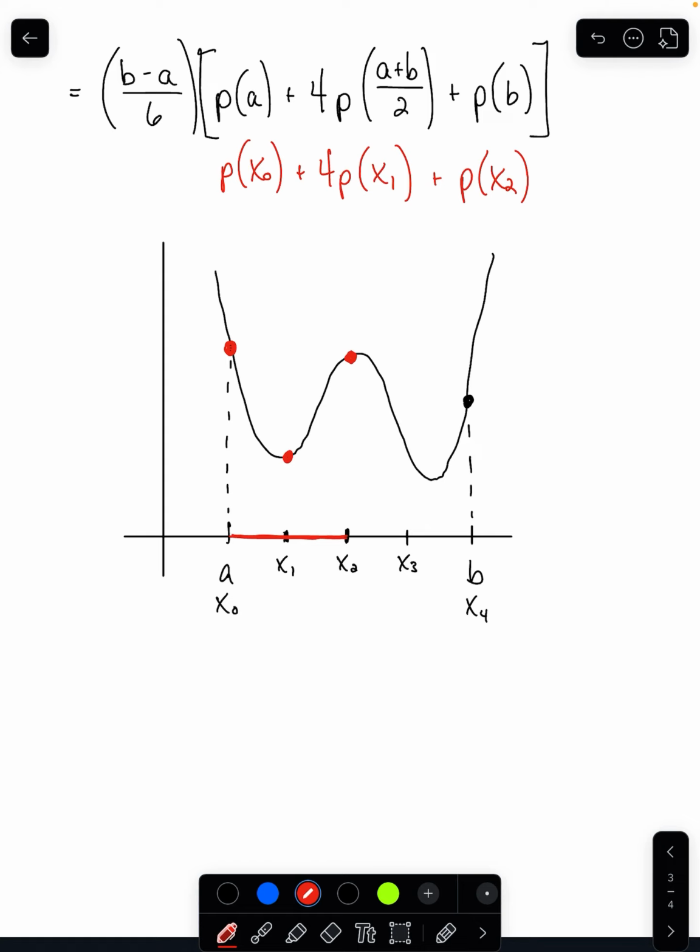Three points is the minimum necessary number of points to establish a parabola. In general, the number of points necessary to establish a degree n polynomial is n plus 1 points. Take the midpoint method, for example.